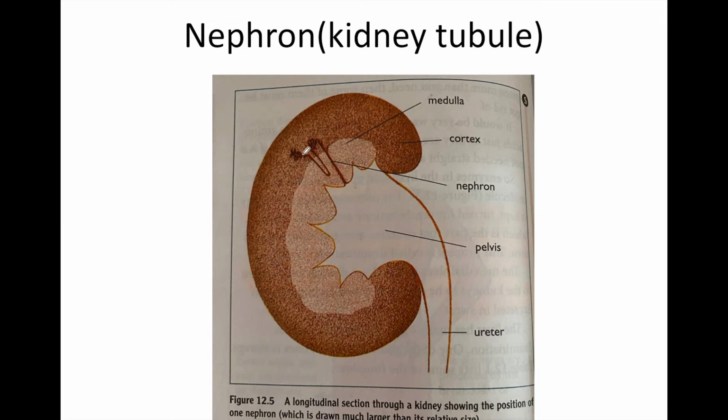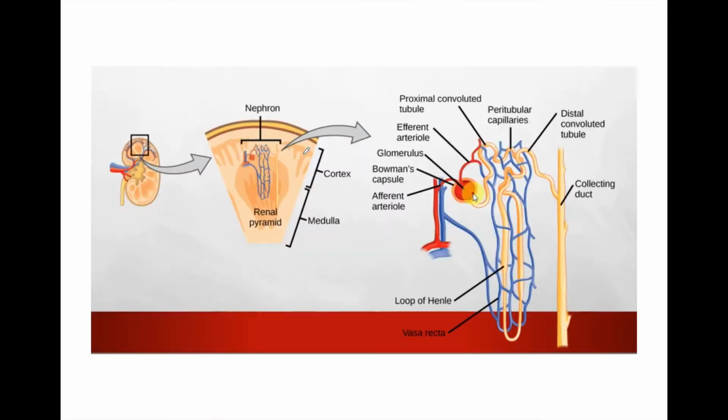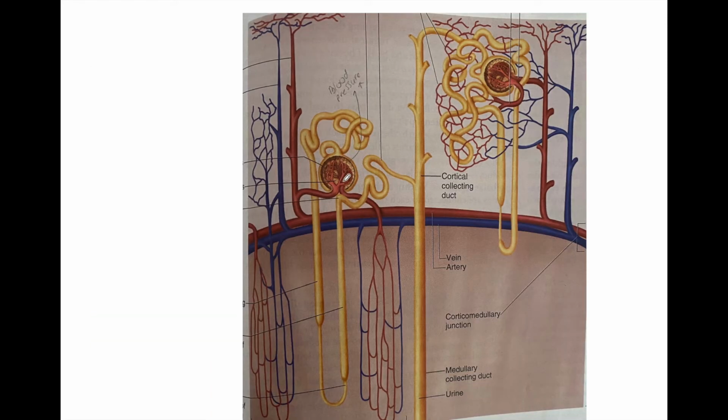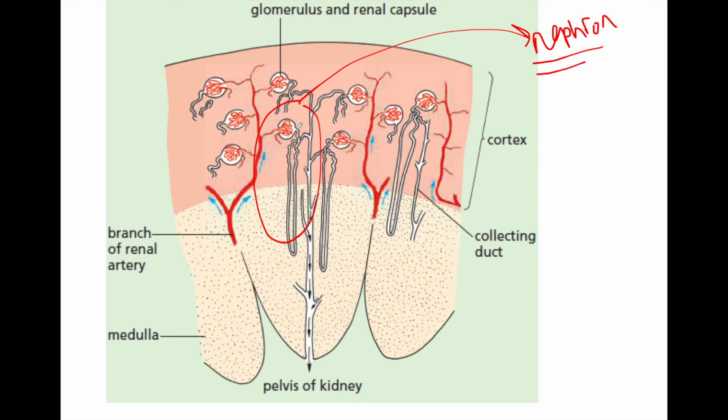So if we look at the renal tubule, we will find that it starts in the cortex, descends to the medulla, and ascends again to the cortex.